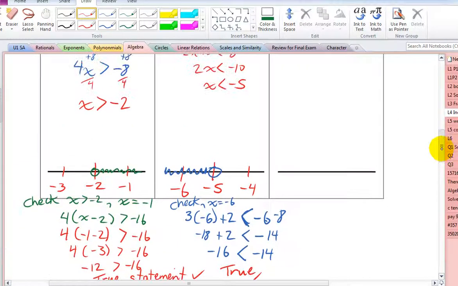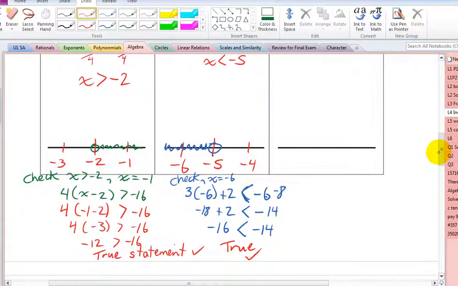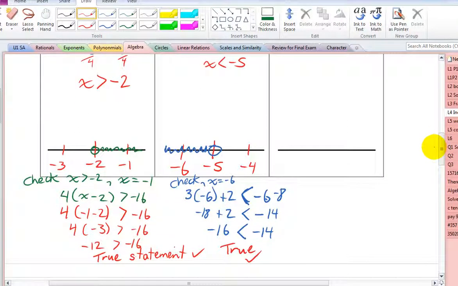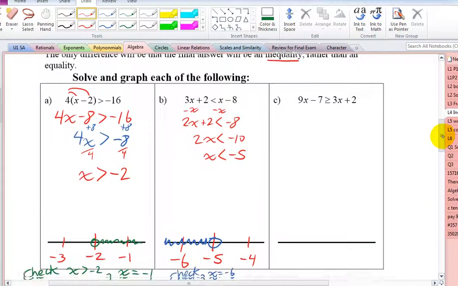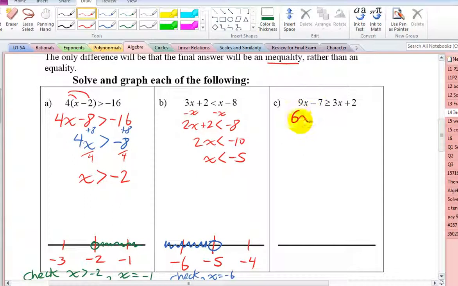Any questions? Okay, go ahead, solve the last one. Go. How many people got a fraction? Does it scare you? It shouldn't.